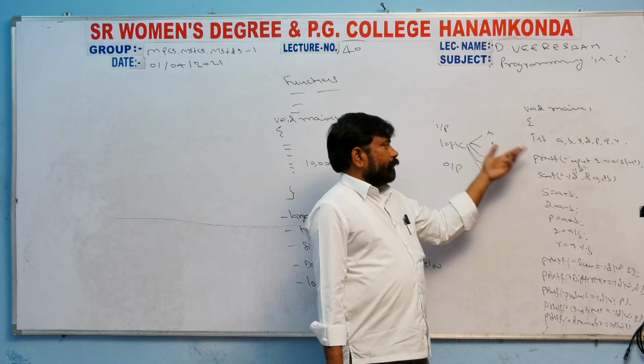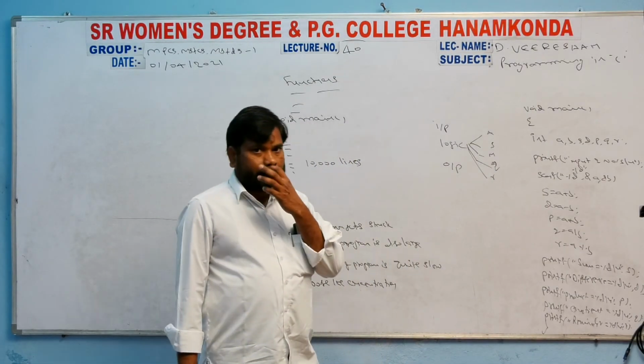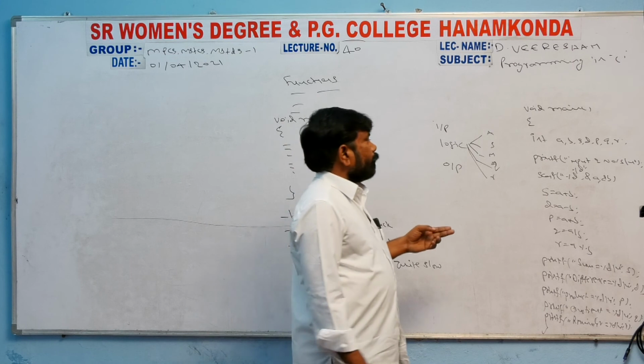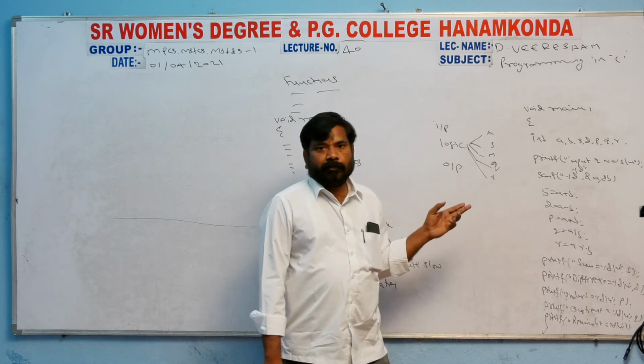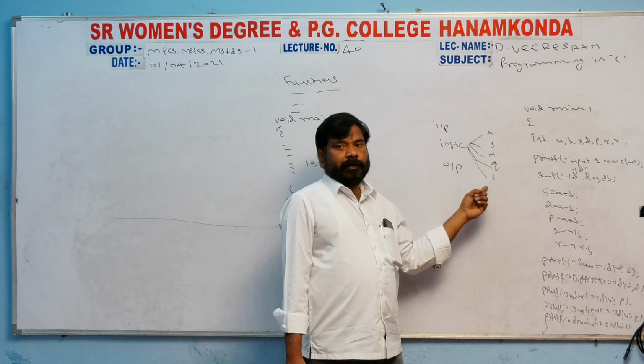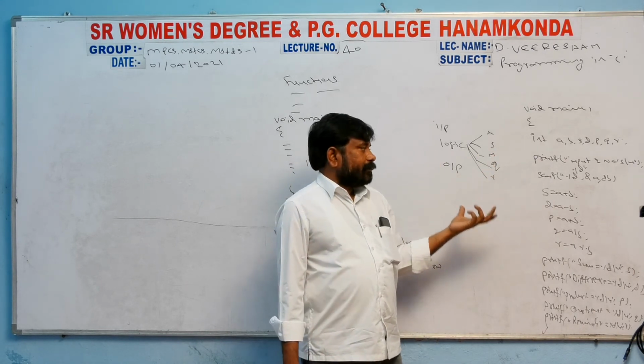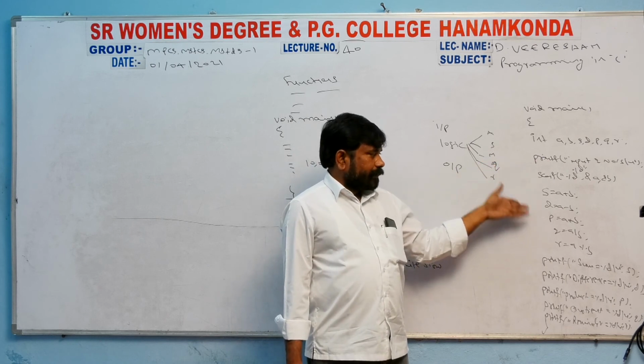It means it has the input, and it has the logic of 5 values. How many logics do you have for this? 1, 2, 3, 4, 5. Even if you are not interested, it is going to output all 5 outputs compulsorily.